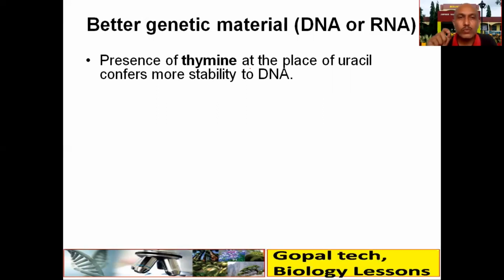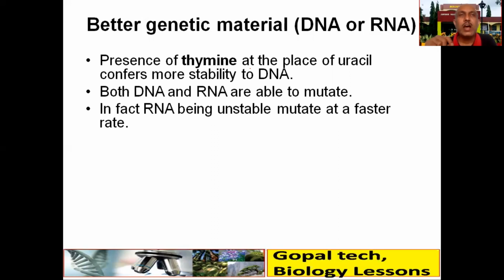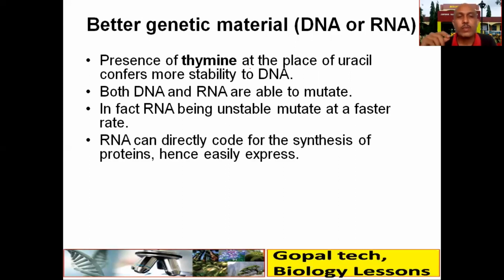This confers more stability to the DNA. Both DNA and RNA are able to mutate. But as we have discussed, RNA being unstable because of that OH and highly reactive, mutates at a faster rate.